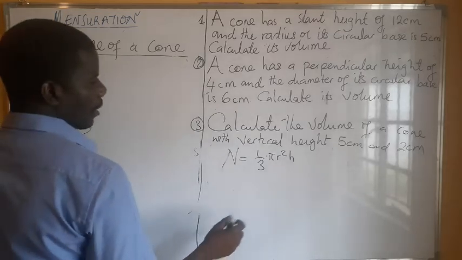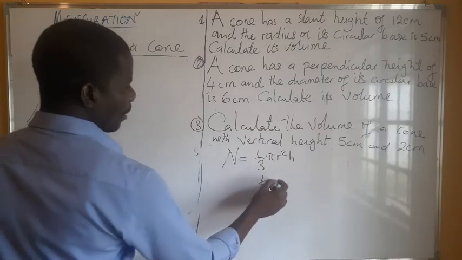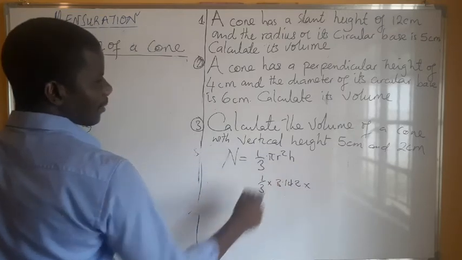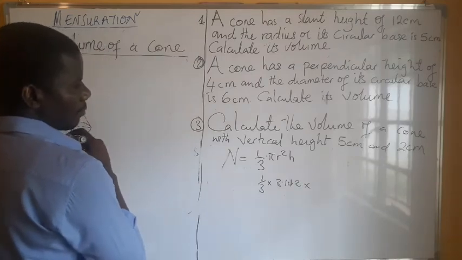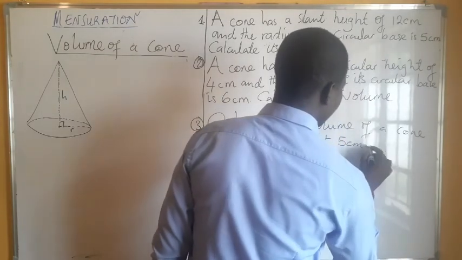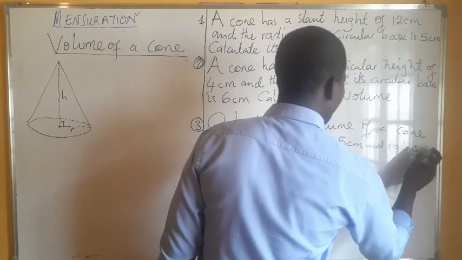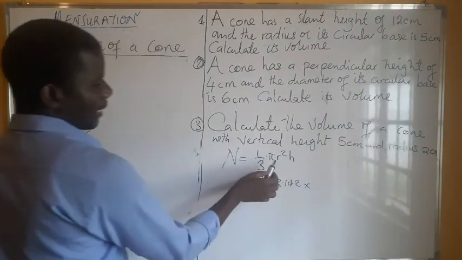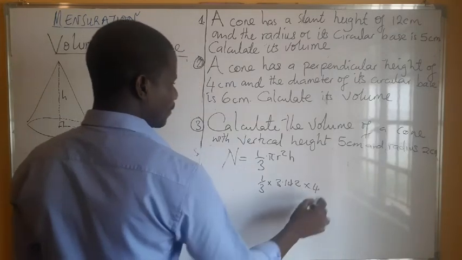So now we have 1/3 multiplied by 3.142, which is our pi, then the radius squared. Our radius is 2 centimeters. 2 squared is 4.